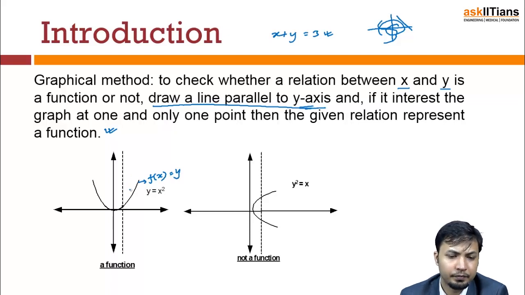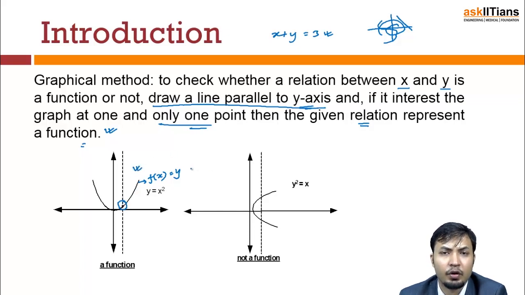When I draw this, the graph needs to cut this line at only one point. Then the given relation is a function. So you see over here, it cuts at this point. So this is my function. Why is that? Unique value for every element in A to every element in B.